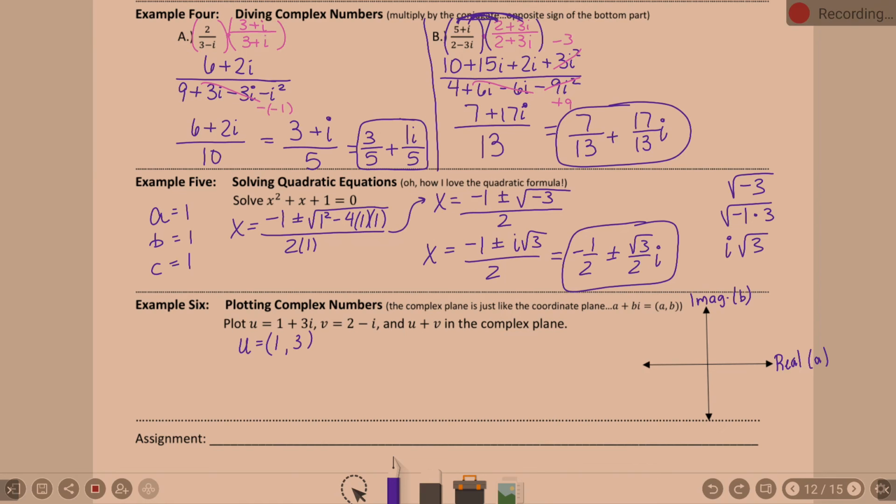In other words, because it's a comma b. So it's the real number, which is 1, plus the imaginary coefficient, which is the 3. So in order to graph this, we're going to graph 1, 3. So I'm going to go where? Right 1, up 3. I'm going to call that u.